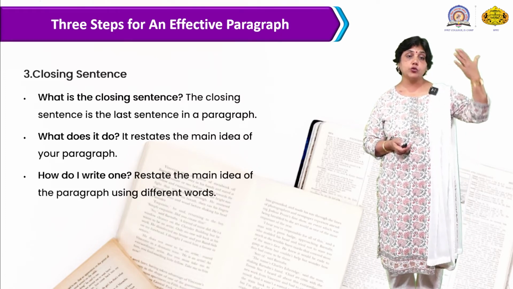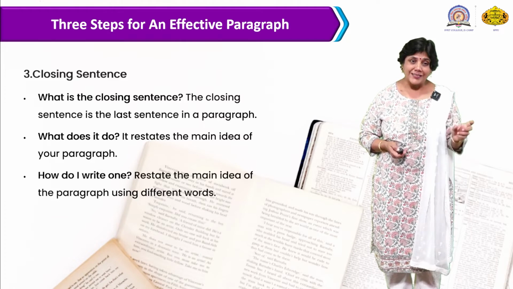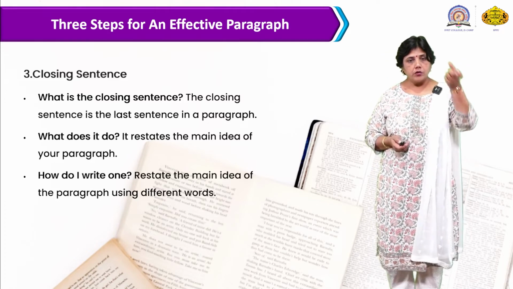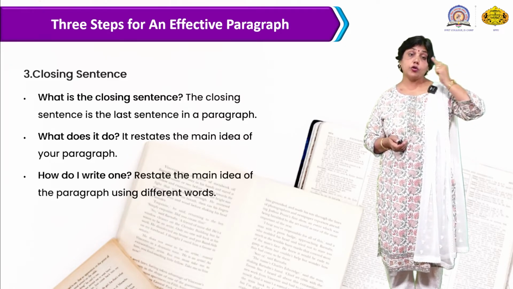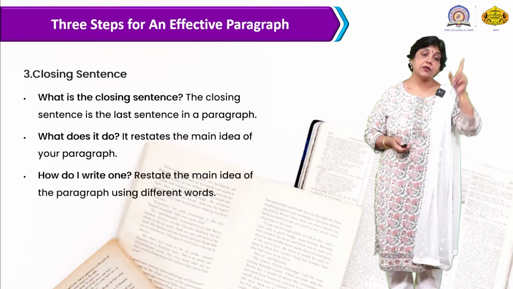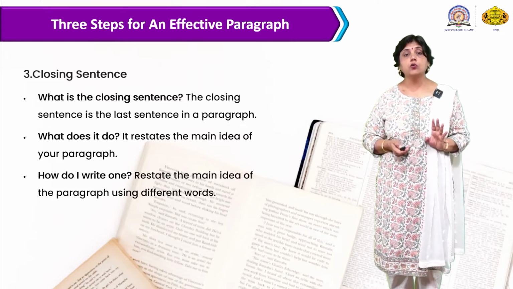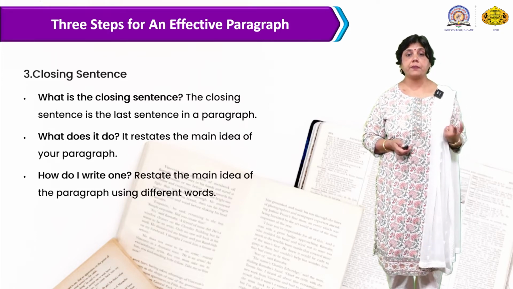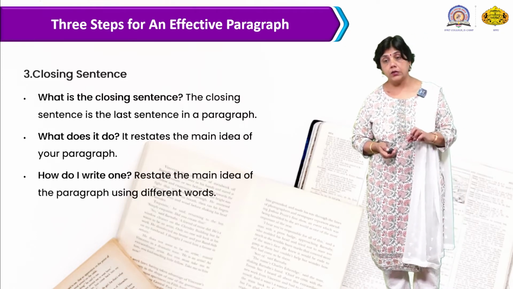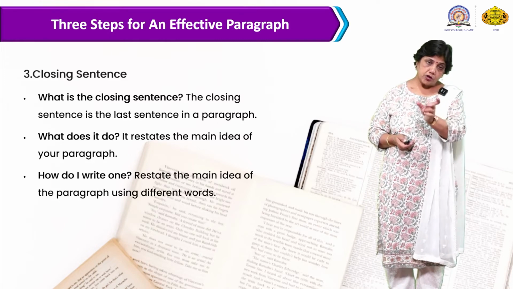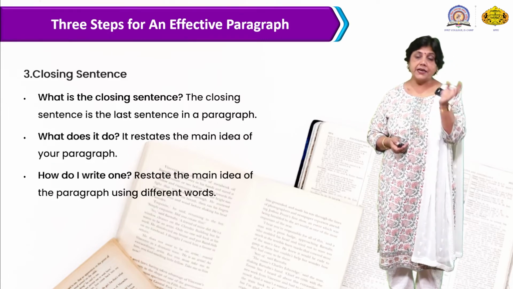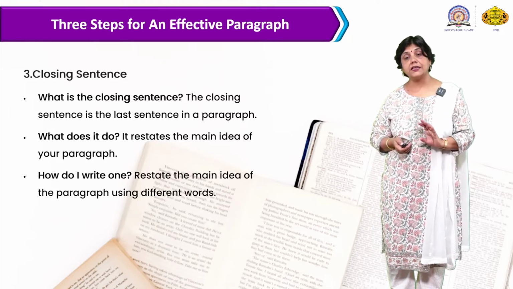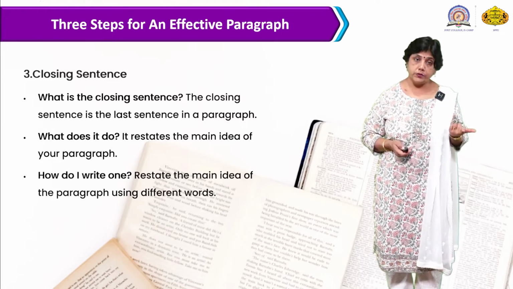Suppose trees are a useful aspect of human life. So the last sentence should be the restatement of this idea. How do I write one? Restate the main idea of the paragraph using different words. Like when you start with a topic sentence, the same idea can be repeated in the closing sentence with different words. Clear?